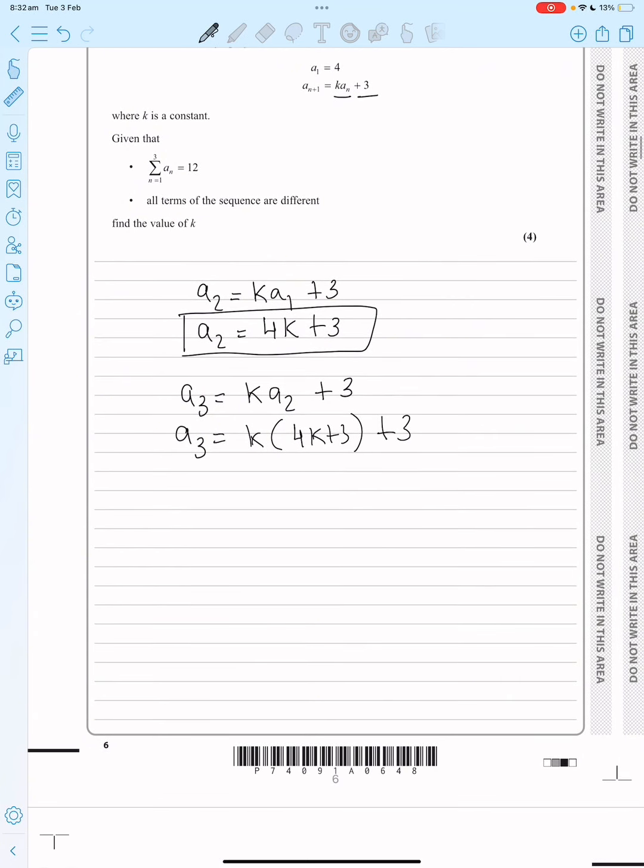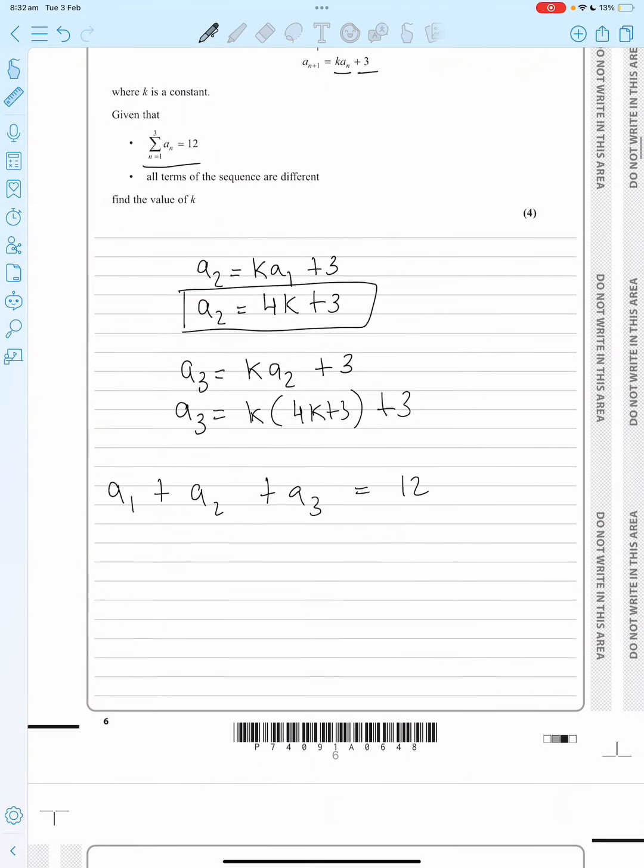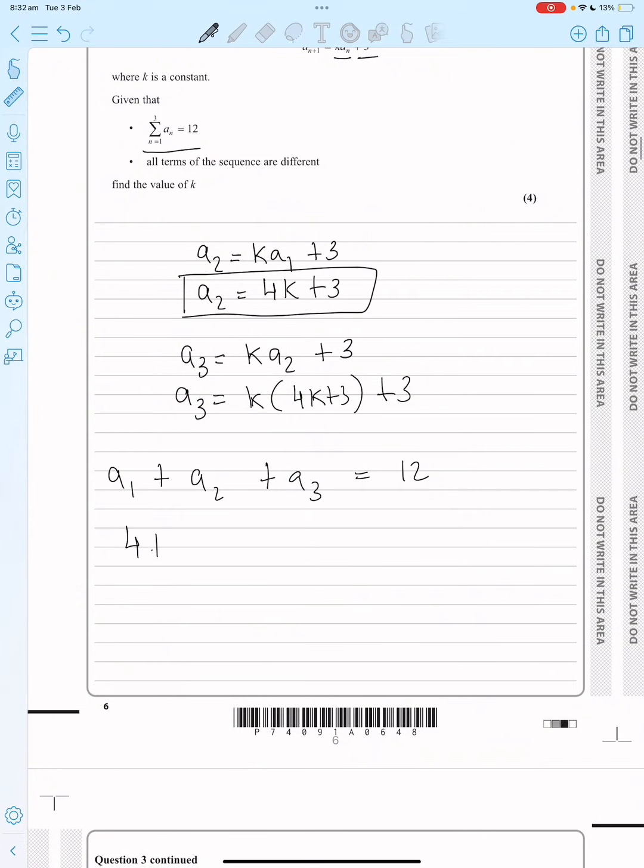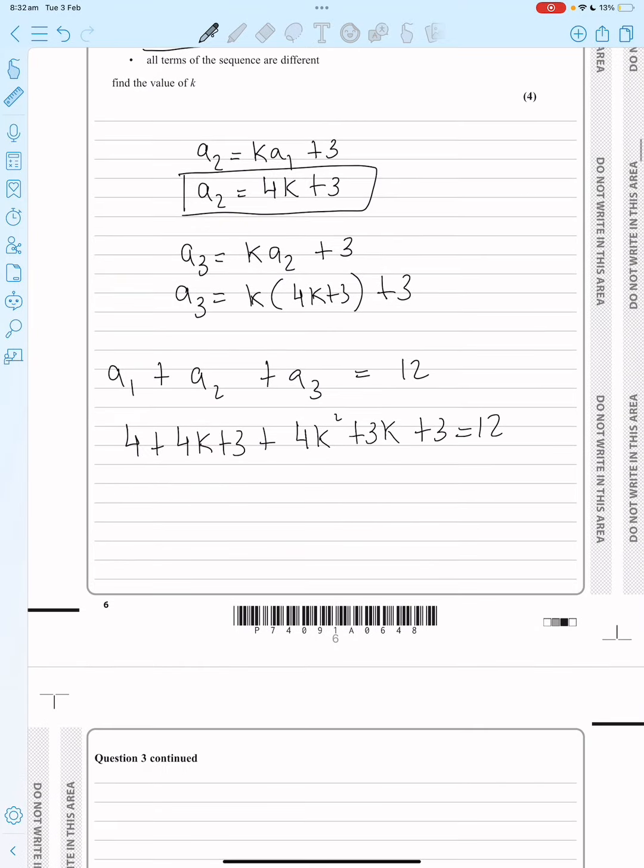So therefore a1 plus a2 plus a3 is equal to 12, as it shows me here. So a1 was 4, a2 is 4k plus 3, and a3 is 4k squared plus 3k plus 3, which should equal 12. Let's solve.